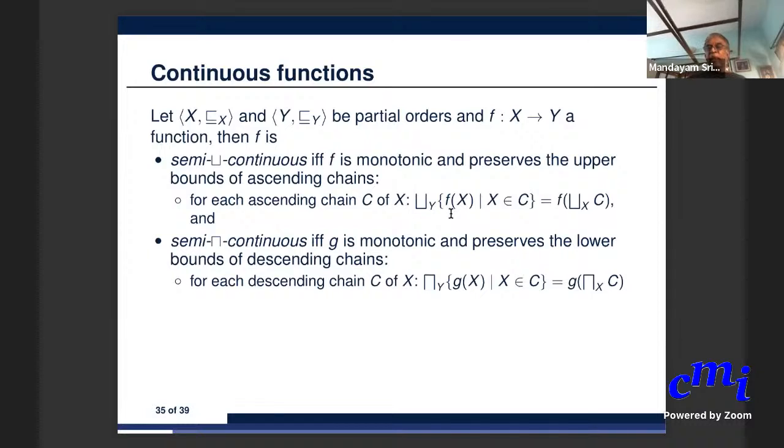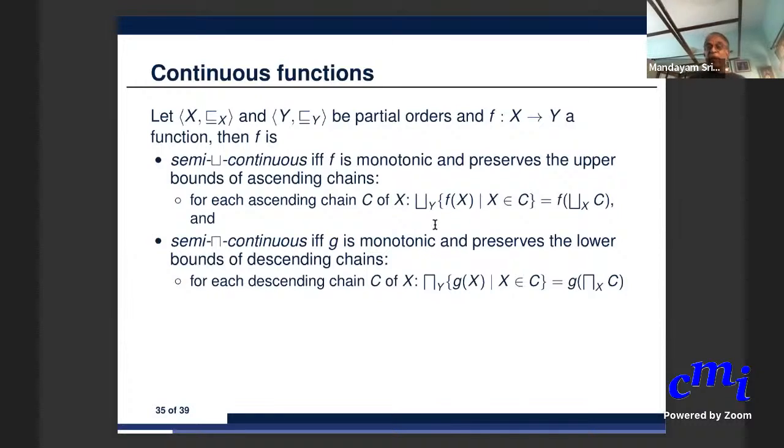That is, for every ascending chain in X, you apply F to every element in that ascending chain, and since F is monotonic, that has to be an ascending chain as well.